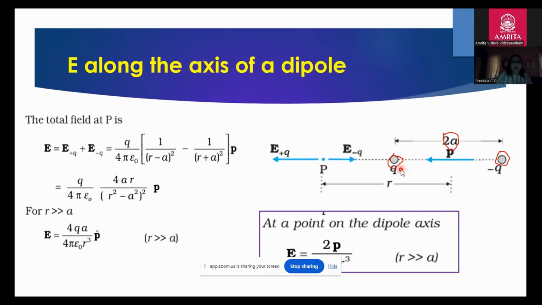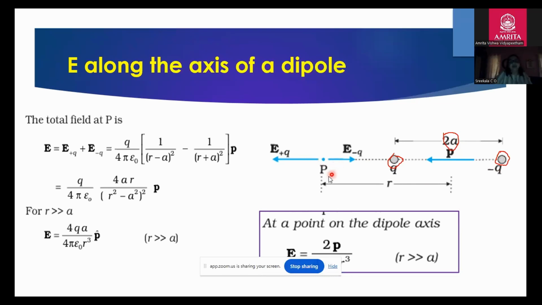So consider a dipole of dipole moment 2aq, meaning the charge is q and the distance is 2a. In order to find out the electric field intensity at a point P, first consider the charge plus q and then the charge minus q, and add these electric field intensities.